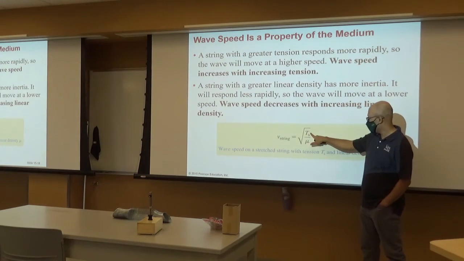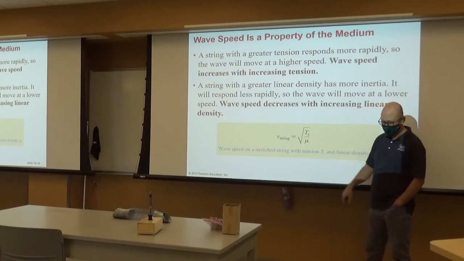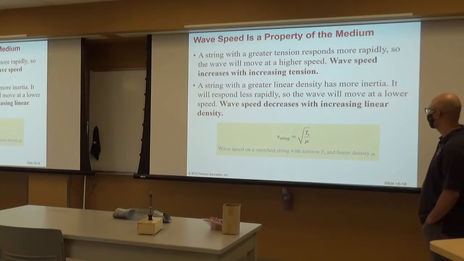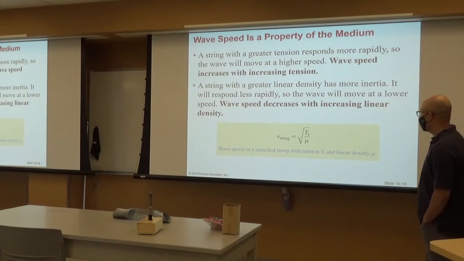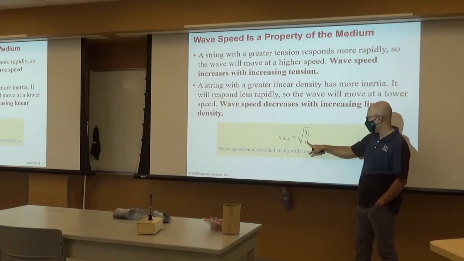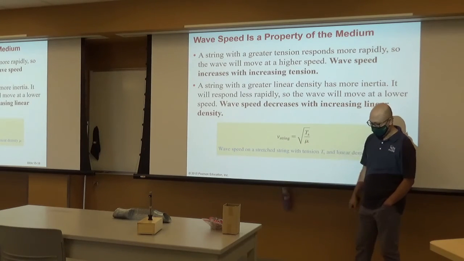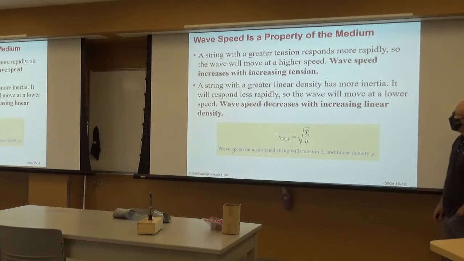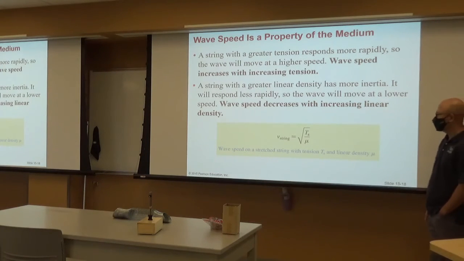That's the tension of the medium. That's the density of the medium. And the reason speed is inversely related to the density is, the denser the medium, the more inertia it has.